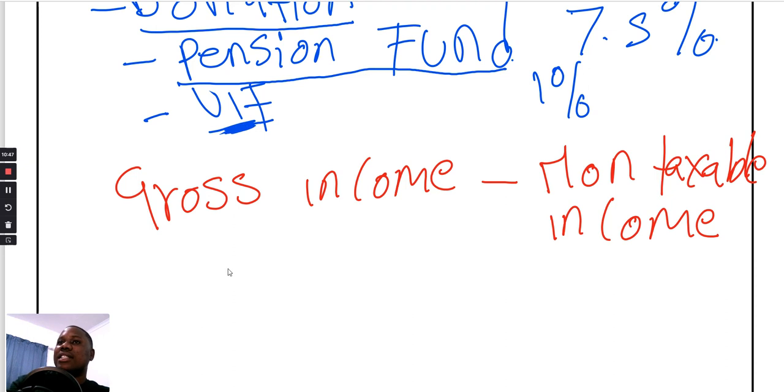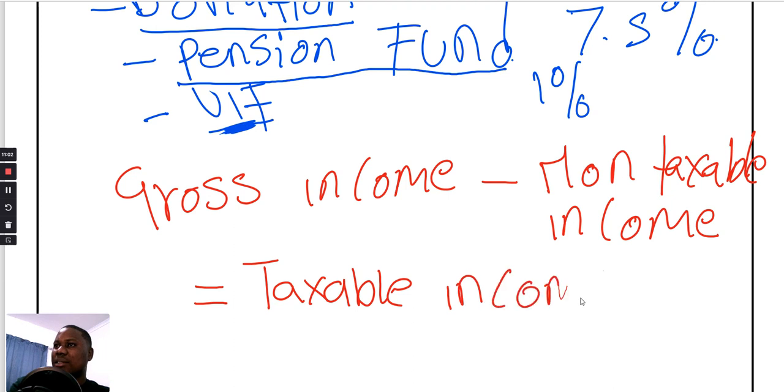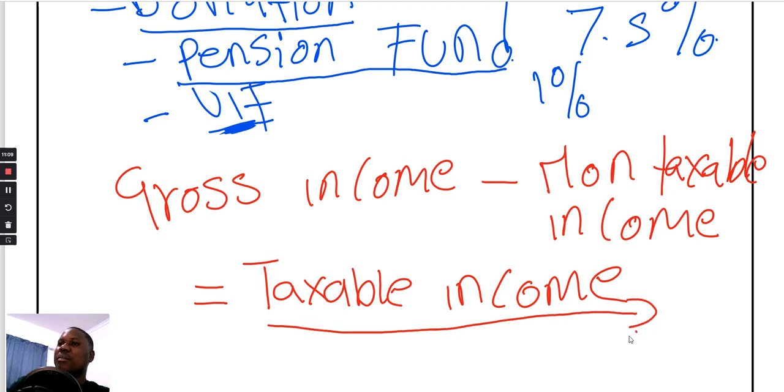Now, since we took our gross income and subtracted our non-taxable income, it means now we will remain with what we call a taxable income. This is what we will remain with. That means, just listen to the word on its own, taxable.